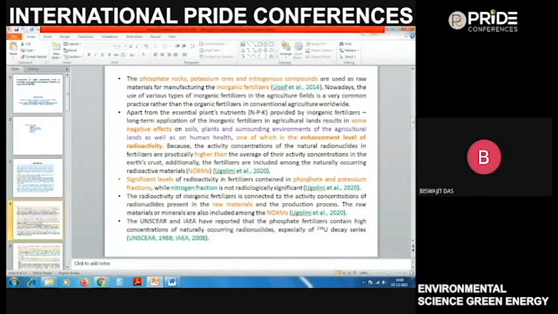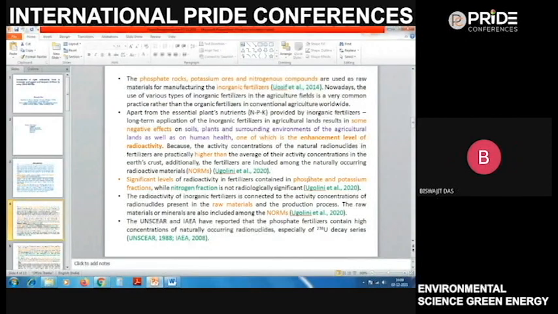One of these is the enhancement of radioactivity, because the activity concentrations of natural radionuclides in fertilizers, particularly inorganic fertilizers, are practically higher than the average of their activity concentration in the earth's crust. Fertilizers are also included among the naturally occurring radioactive materials.